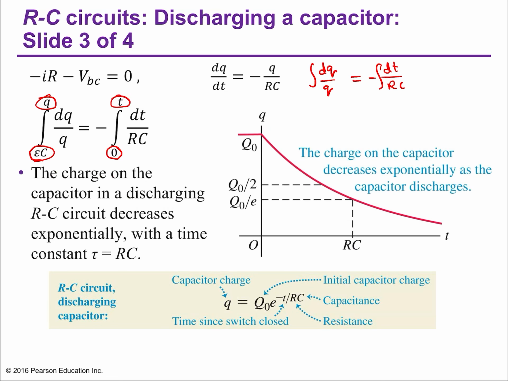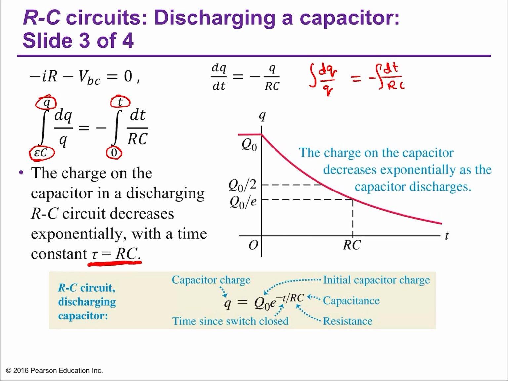So the plot shows you that the charge on the plates decreases exponentially as the capacitor discharges, and the time constant of the discharging charge on the capacitor plates is the same as before. That is, the time constant is R times C, because nothing has changed. R and C are the same as before.